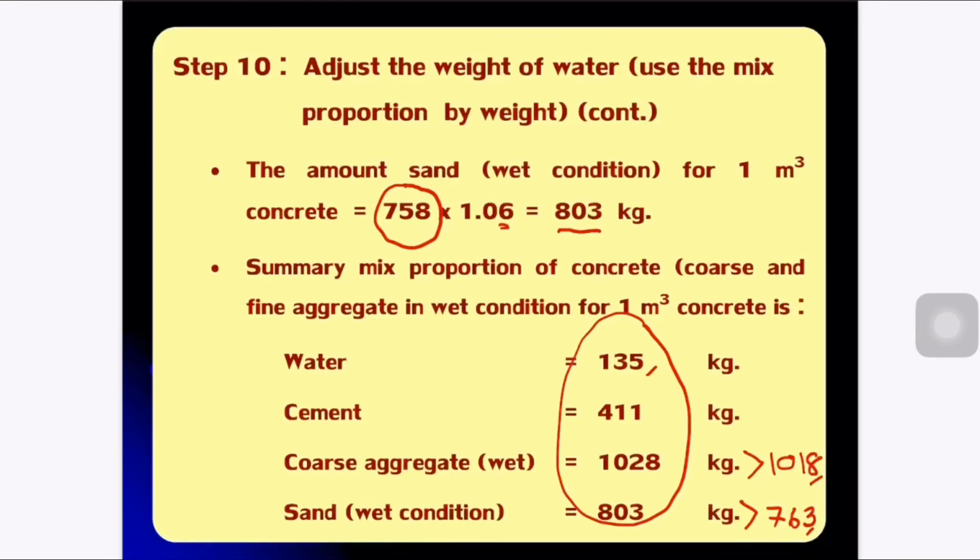If the slump of fresh concrete is not in the range 25 to 50 millimeters, add or reduce the water content and recalculate the mix proportion and mix concrete again. When you add or reduce the water, you should add or reduce the cement content to keep the same water cement ratio, that is 0.45 for this problem.